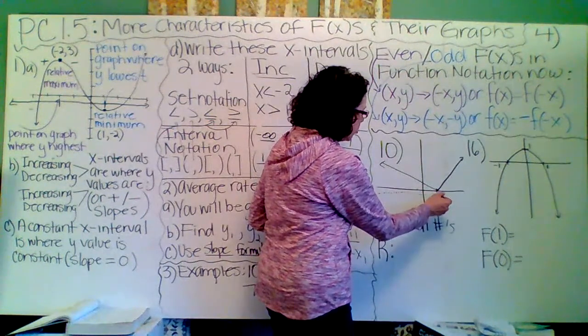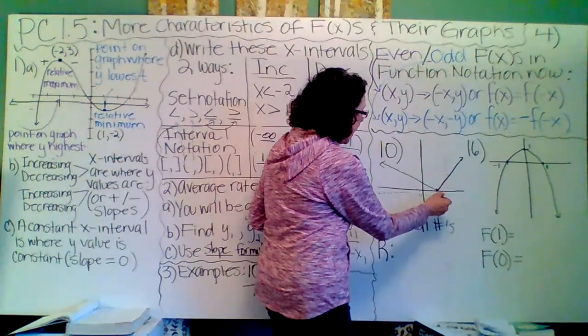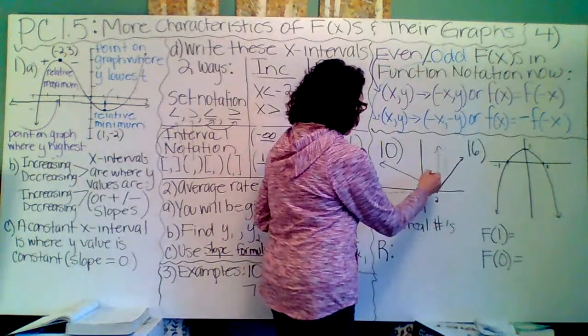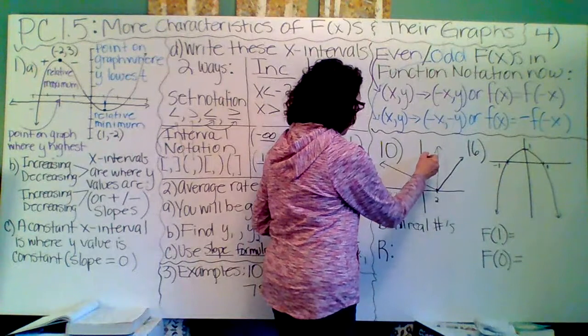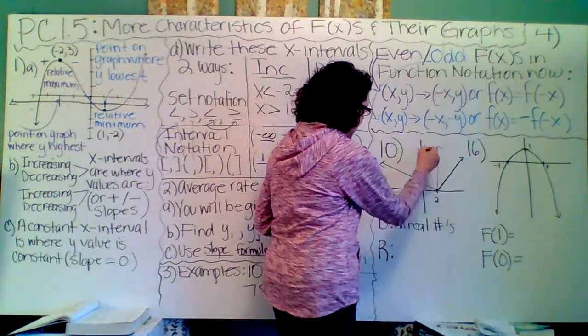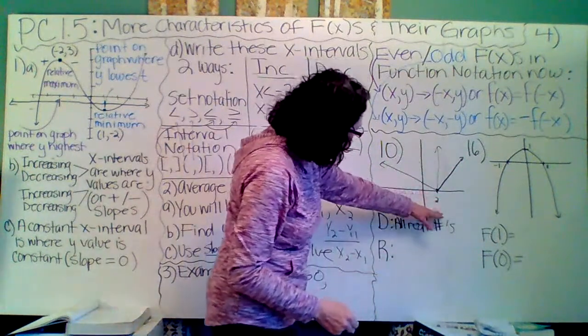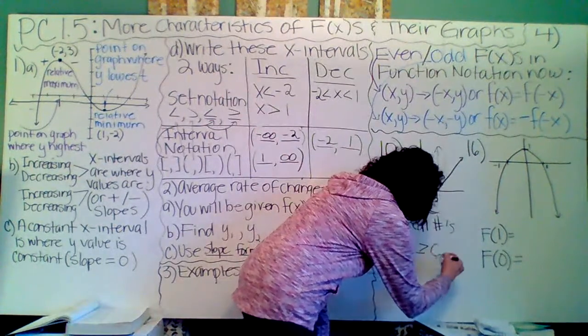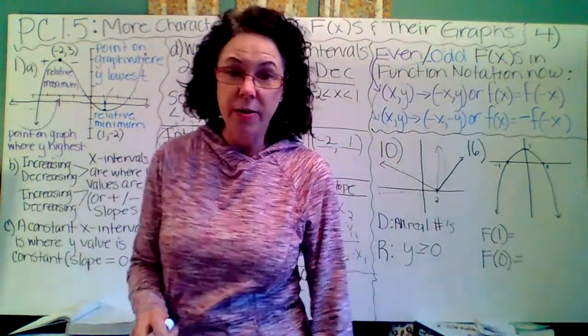Right there, right where y equals 0. And above that, for every y, there is a point on the graph that I could name that would have that y in it. So in this case, because the graph does not start until y is greater than or equal to 0, that is the range.